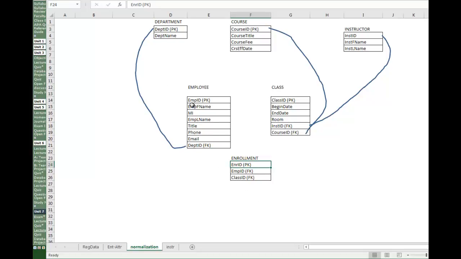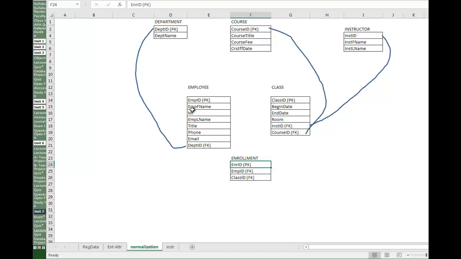Let's think about this relationship. One employee will have many enrollments, right? Because an employee can take many classes, which means that they will have many enrollment records. And each enrollment record is only related to one employee, because you can't have one enrollment record for many people.